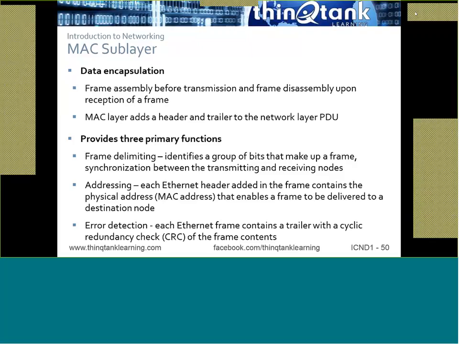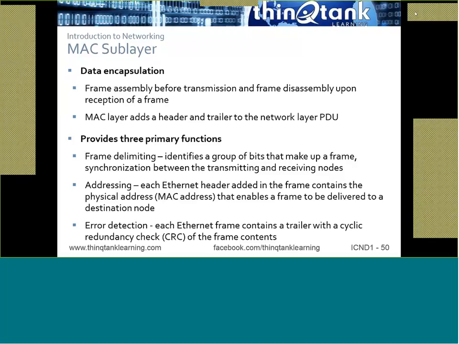In addition, the MAC sublayer is responsible for addressing, particularly in the form of MAC addresses, right? Also, frame delimitation. We talked about the concept of frame delimitation, the beginning and the end of the frame, the addressing component, and finally, what we call the frame check sequence, or the FCS.